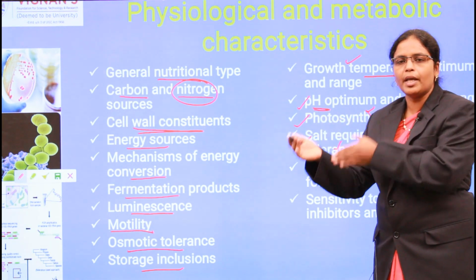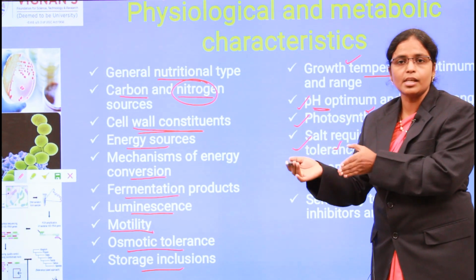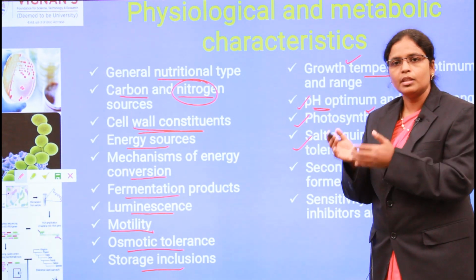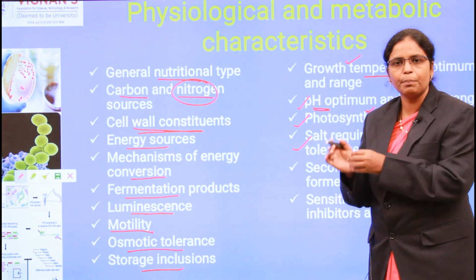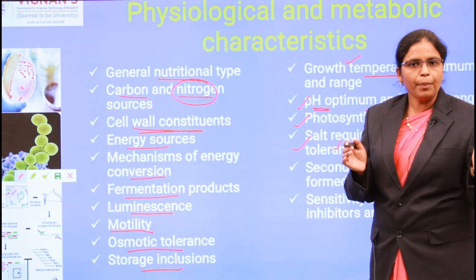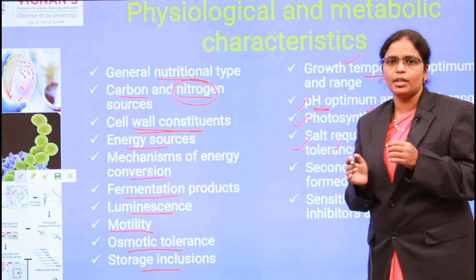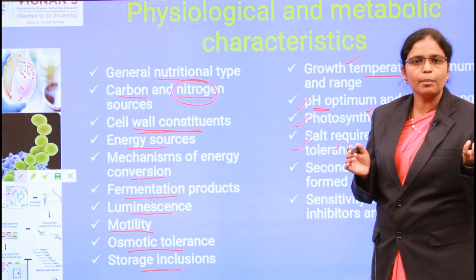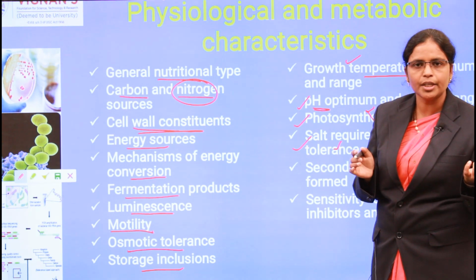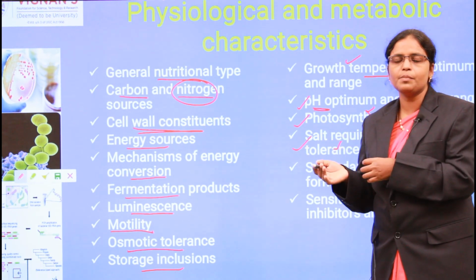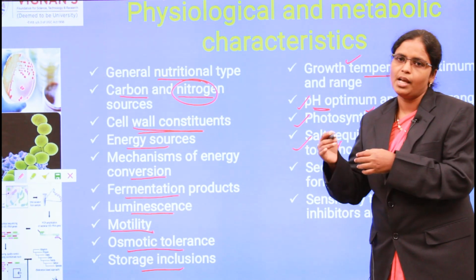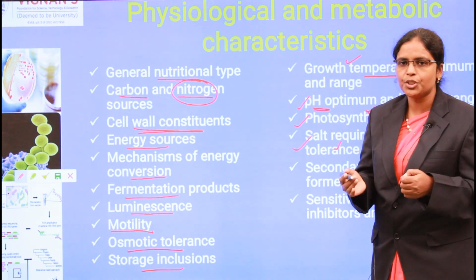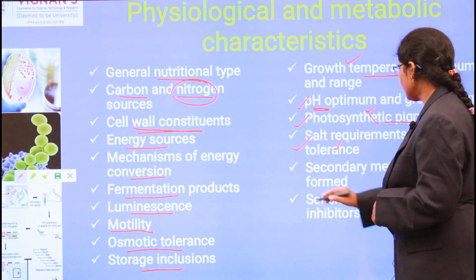If you see the marine environment, oceans and seas, where the salt concentration is high, there also the microorganisms are present. Freshwater microorganisms require very low salt concentration, and marine organisms require higher salt concentration. So like this, we can differentiate the organisms.